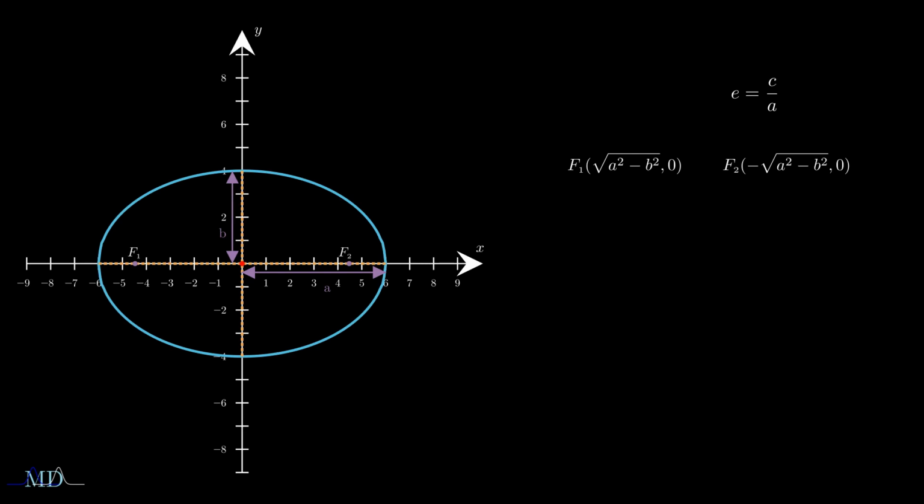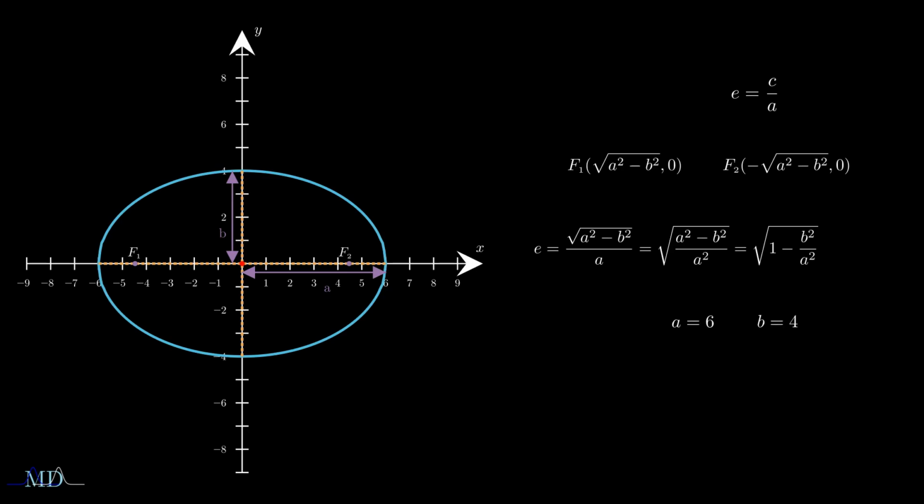In the specific case of the ellipse in figure, the center of the ellipse coincides with the origin, so the focal semiaxis coincides with the absolute value of the abscissa of the focus. This is equal to square root of a squared minus b squared. Therefore the eccentricity is equal to square root of 1 minus b squared over a squared, where b is the minor semiaxis, and a the major semiaxis.